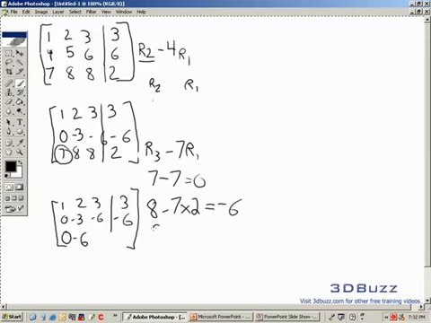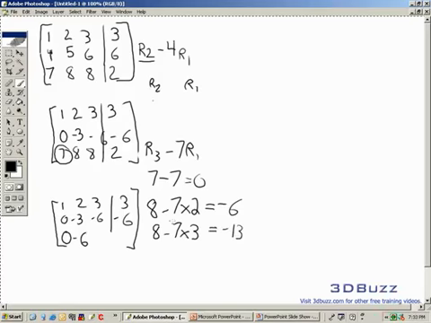We have 8 minus 7 times 3 equals 21. 8 minus 21, I believe, is negative 13. I think that's right. And finally, we have 2 minus 7 times 3 equals negative 19. So, negative 19.